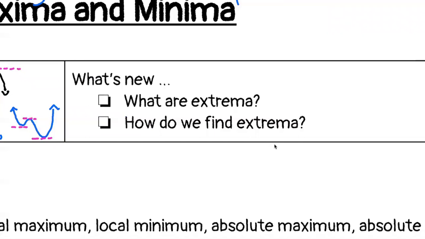In particular, what are extrema, which is a new word for us, and not only what are they, but how do we find them? Those are the two pieces we want to walk away with from 4.3: what are extrema and how do we find them?